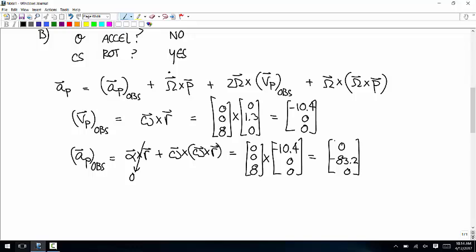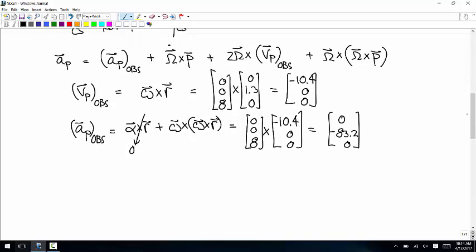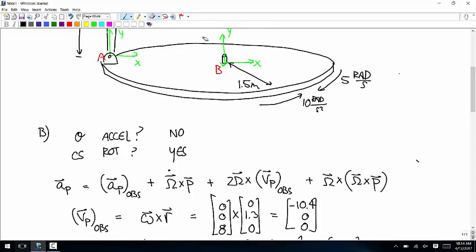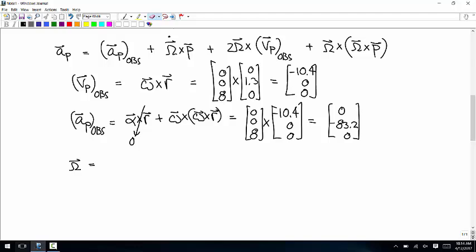Now we're done using the circular motion, assuming that the disk is fixed. Now we're dealing with the terms that include the rotation of the disk. The angular velocity of the disk is negative 5 as a y component.